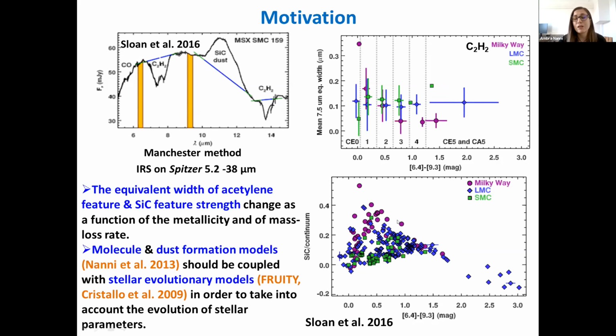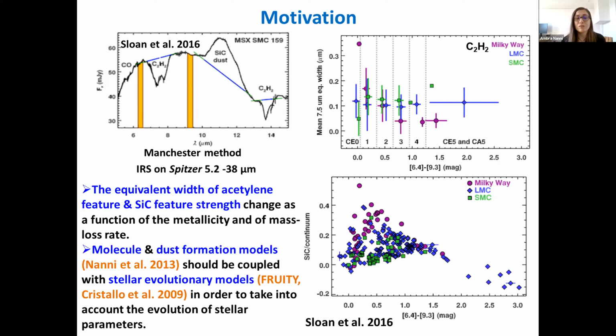So there is again a trend with the metallicity, even if in this case we have a stronger feature for higher metallicity, but we also have a trend with the mass loss or the dust production rate. This trend changes with the metallicity, and it will of course also be related to the star formation history of these systems and so on.